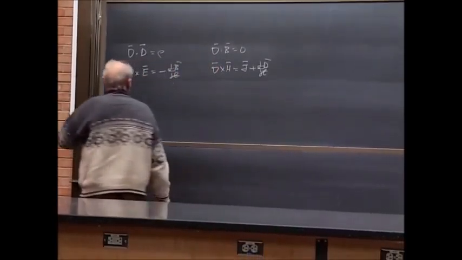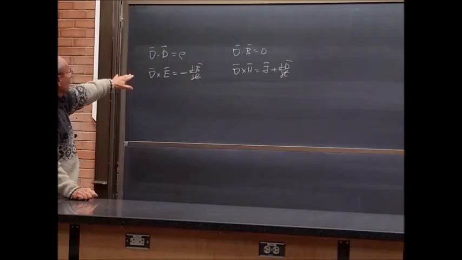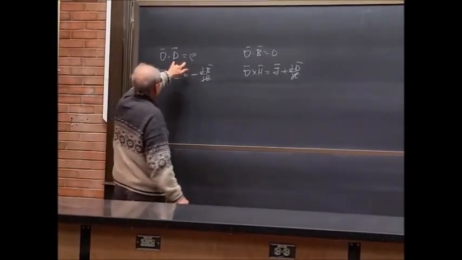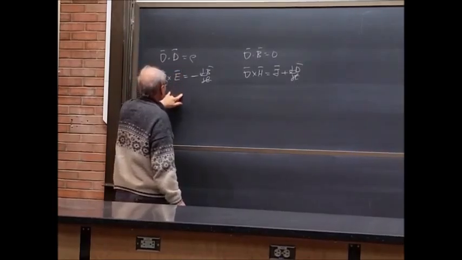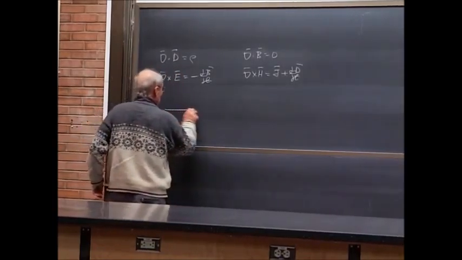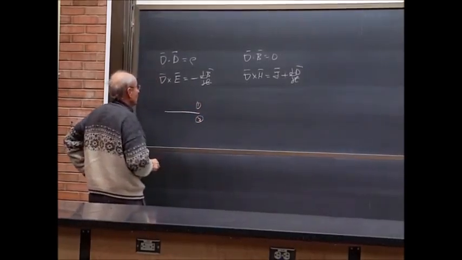Now, in our case, those are the general ones. And to get the boundary conditions from those, what we did is to consider an interface. This is 1, this is 2.